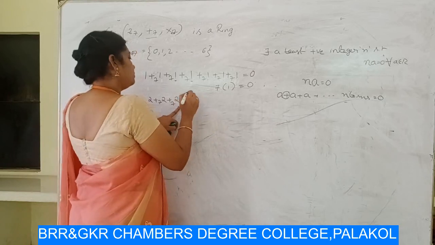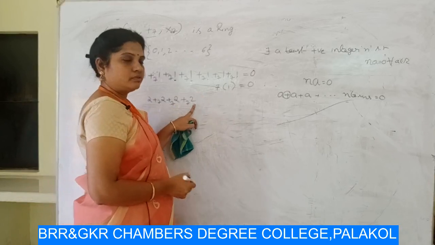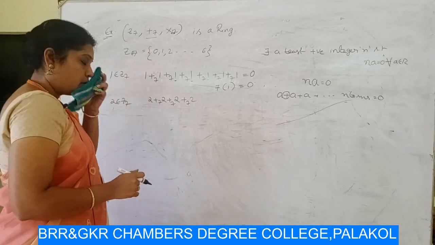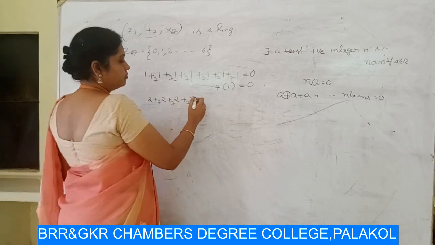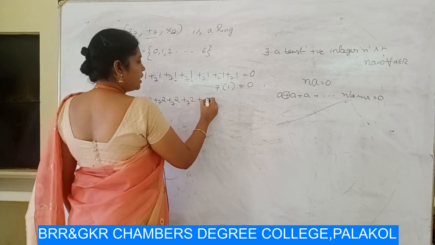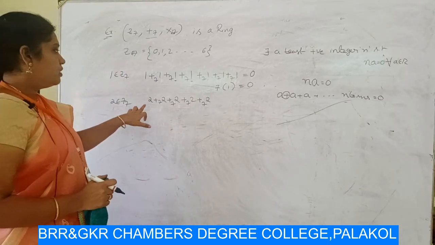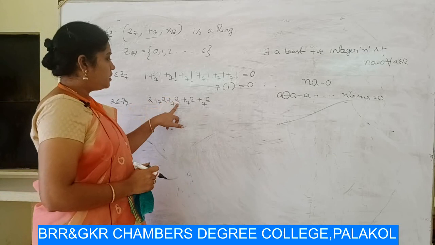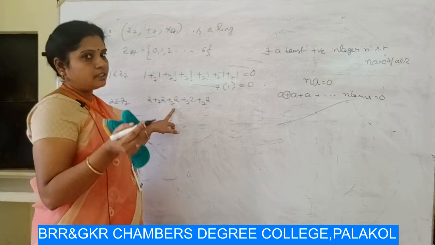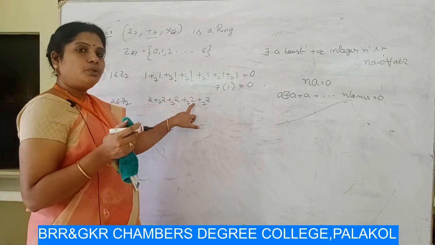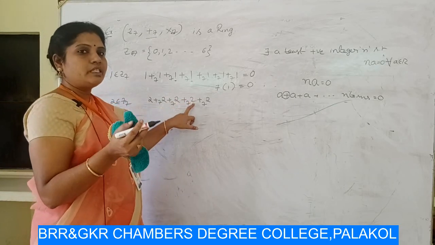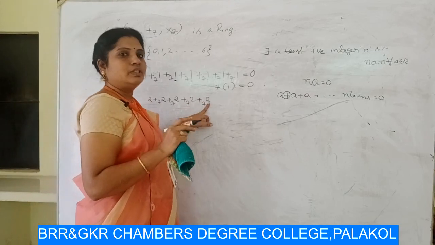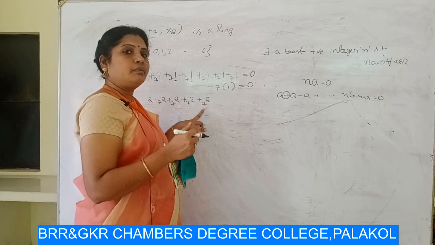Again we add 2: 6 plus 2 is 8. 8 divided by 7 gives remainder 1. 1 plus 2 is 3, and 3 divided by 7 gives remainder 3.